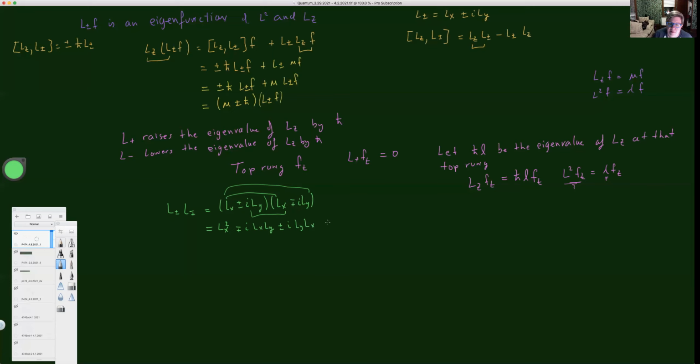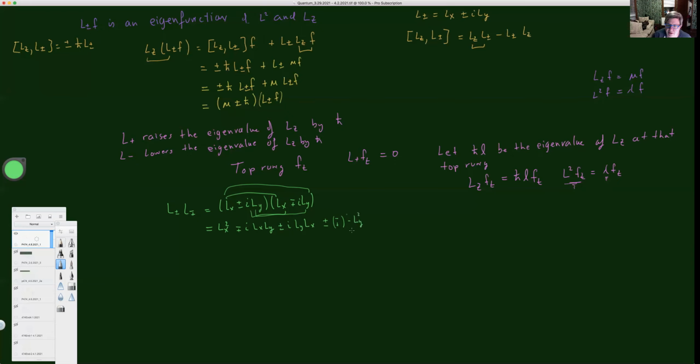And then these last two here, we have i squared, it's going to be minus 1. And so let's just think it through a little bit. So we're going to have a minus 1 on the square, right? So I'm going to write them down like this: plus, minus, minus, plus, times minus plus, times minus Ly squared.